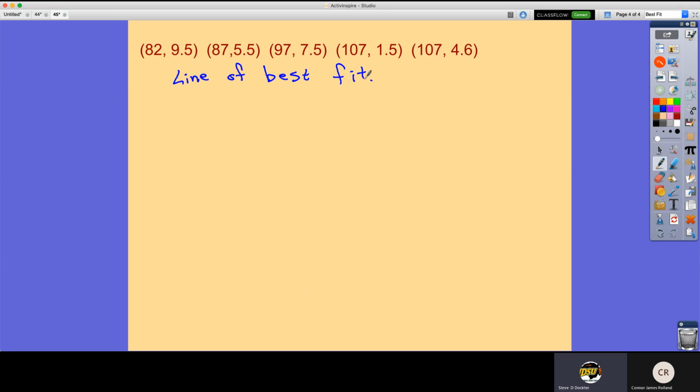It's called a linear regression model. All that means is that you would use your calculator to find what the actual slope is and what the y-intercept is. Now, the directions to do this are in the book. They're exactly the same.